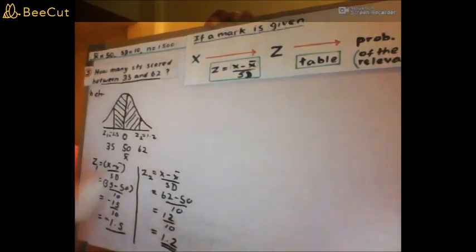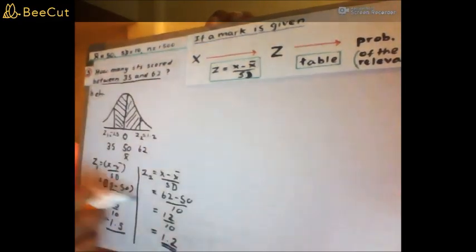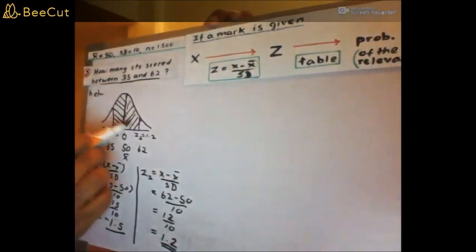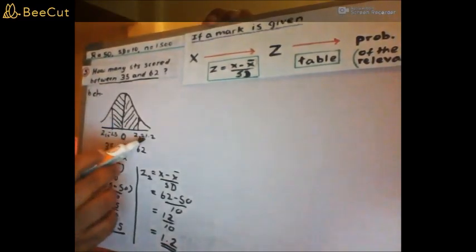Once we have calculated these, find the probabilities. You can find the probabilities because you know the Z values.